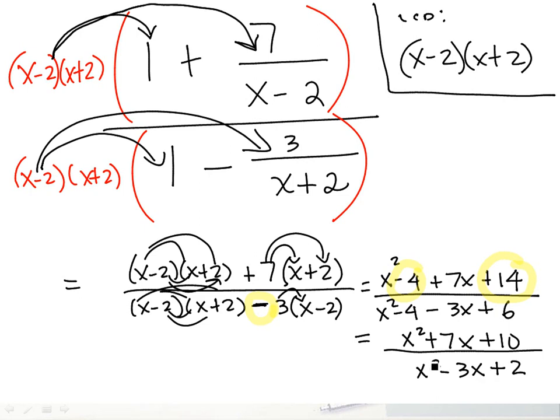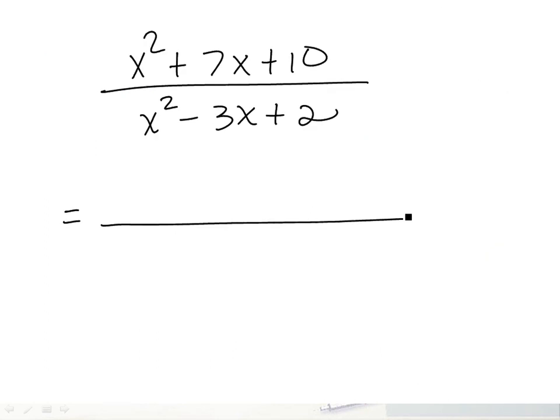Now are you able to factor the numerator and denominator so you can simplify this even further? It actually looks like you can. So I want you to go ahead and pause this, factor it, and see if you can simplify this even further.